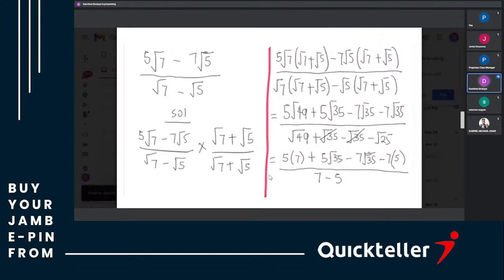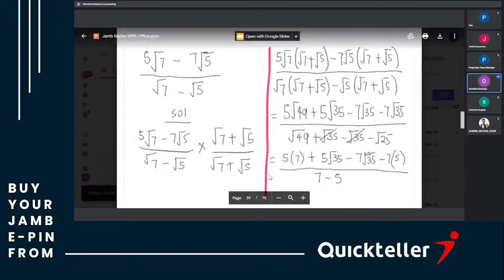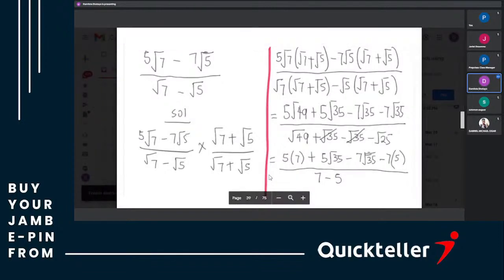Then minus 7 root 25, which is minus 7 bracket 5, because root 25 is 5. Then below, square root of 49 is 7, square root of 25 is 5, so 7 minus 5. Is this clear to this point?